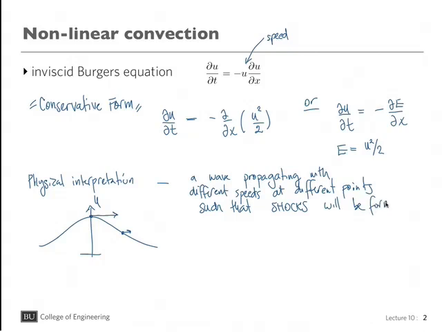You can see that from exactly this cartoon I've drawn over here, because after a certain time this might look like that, as the parts that move faster start getting ahead of the rest of the solution.